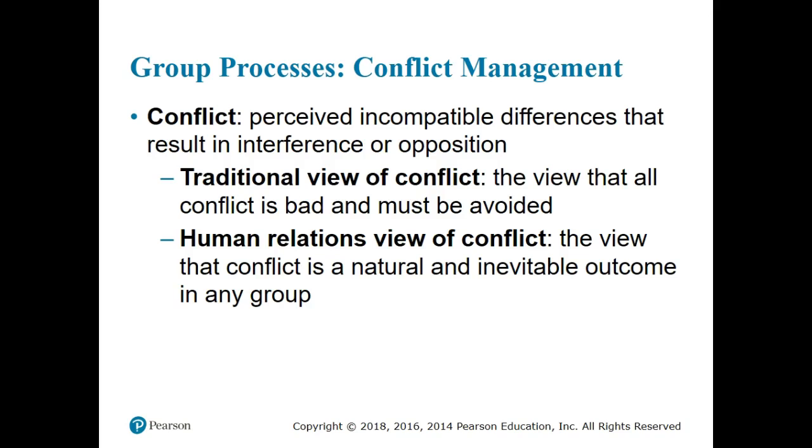The traditional view of conflict argues that conflict must be avoided, that is, it indicates that a problem exists within the group. Another view, the human relations view of conflict, argues that conflict is a natural and inevitable outcome in any group and need not be negative, but has the potential to be a positive force in contributing to a group's performance.